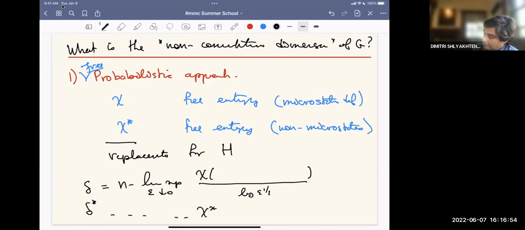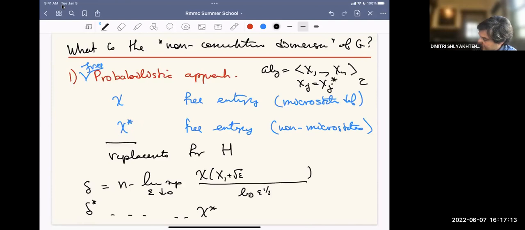Well, remember our starting point is that we have some algebra which is generated by some variables, let's say x1 through xn, and let's say that they are self-adjoint. And we have some trace around. So it makes sense to take a free product with a semicircular family and look at this free entropy of a semicircular perturbation of the generators of your algebra.